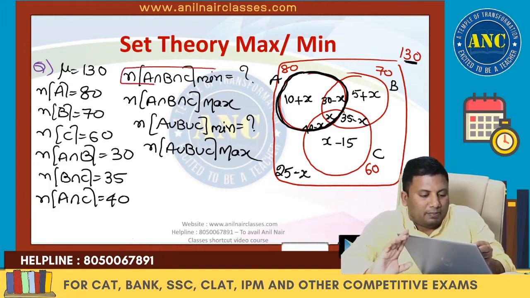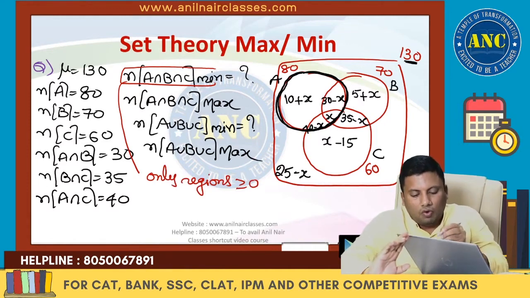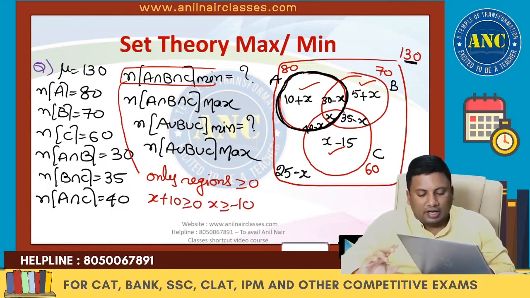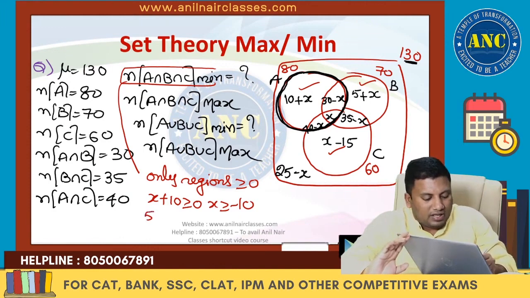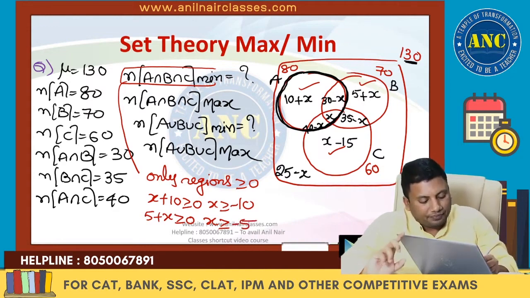A intersection B intersection C minimum. It is nothing but only regions should be greater than or equivalent to 0. Only regions are these 3 regions. X plus 10 greater than or equivalent to 0, so X greater than or equivalent to minus 10. 5 plus x greater than or equivalent to 0, so X is greater than or equivalent to minus 5.